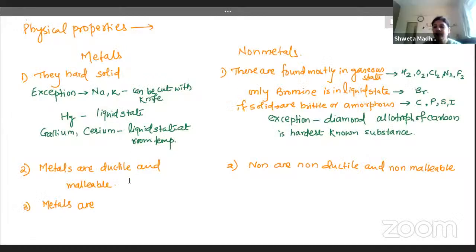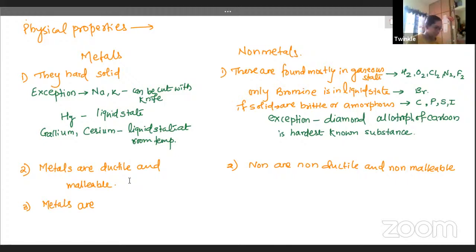Ductility means they can be drawn into wires. By hammering, by pressing them, the metals can be converted into thin, long wires. And malleability means by hammering, we can convert them into thin sheets.